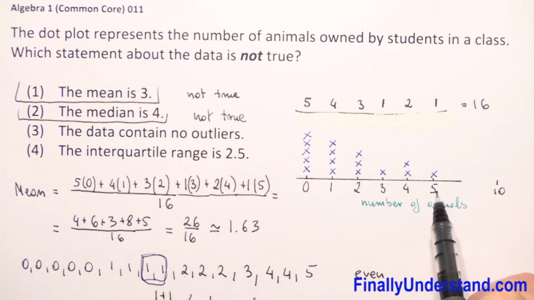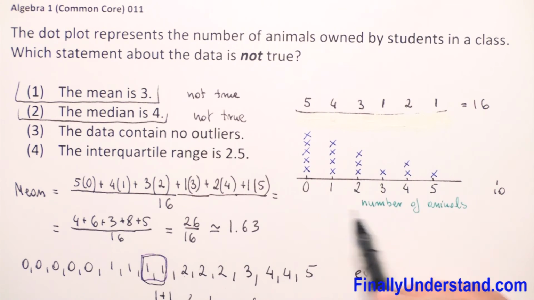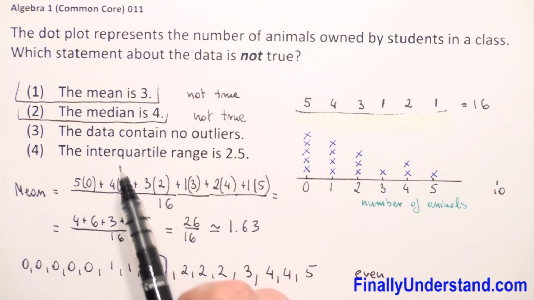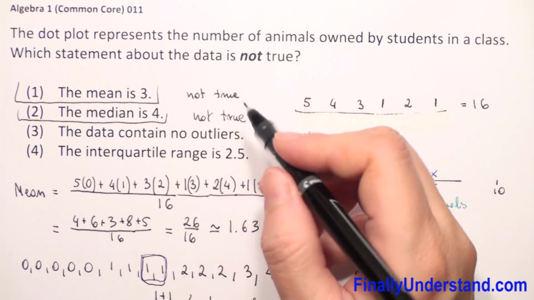The last student has 5 animals. If one student had 10 animals, this data would be far away from our data. So in this example, we don't have outliers. So this is true. The data contain no outliers. It's true.